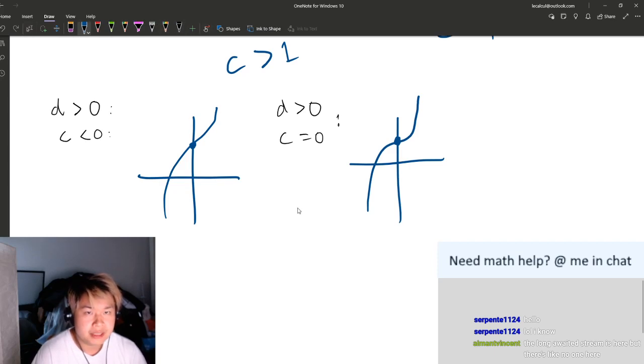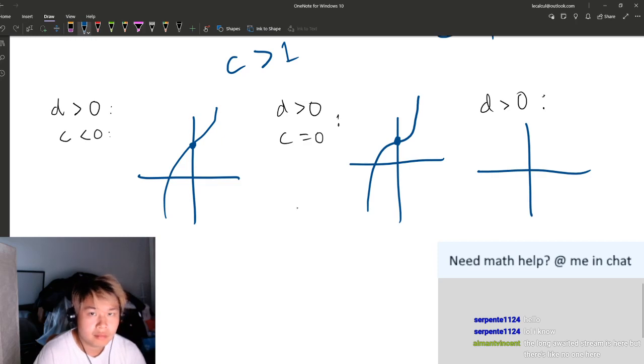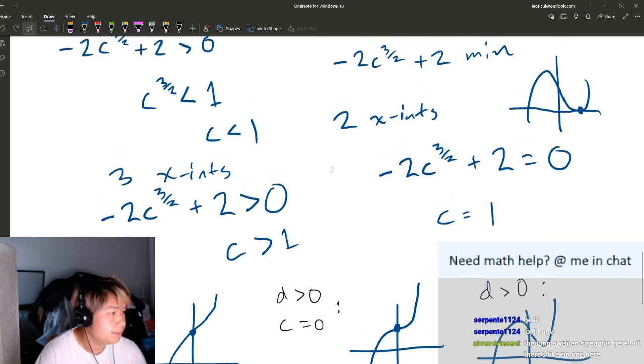And then when D is positive, we don't have to be careful, because we already know what the situation is. If you only want one x-intercept, then that means that your minimum value still needs to be positive.